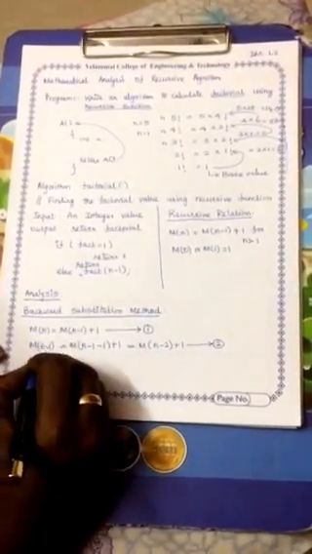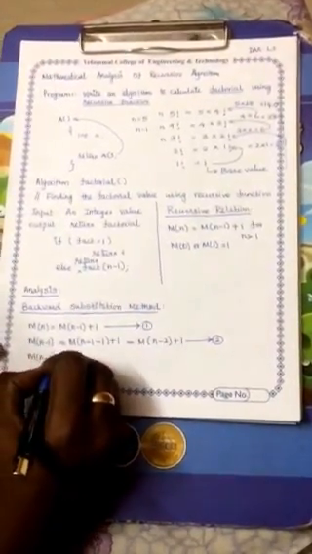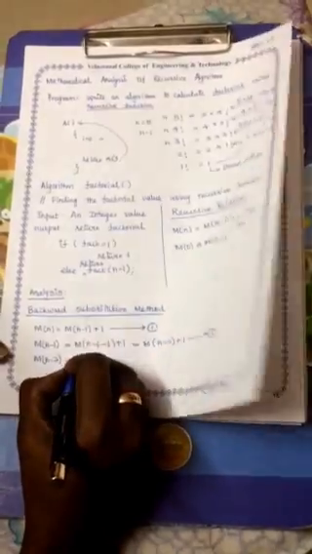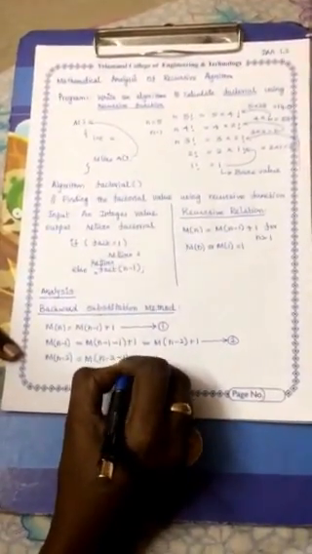And third step, suppose if you want to calculate the value for m of n minus 2, once again you have to substitute n minus 2 in the basic equation. You will be getting m of n minus 2 minus 1 plus 1, which will be equivalent to m of n minus 3 plus 1.